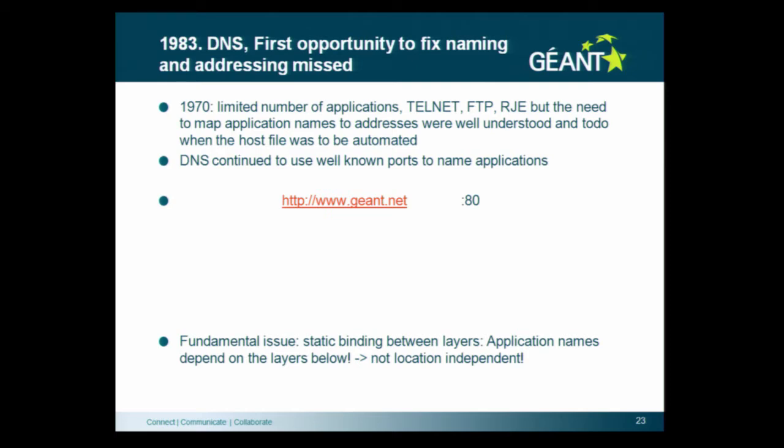So they didn't really name their application, but of course they knew that this needed to be done, that you needed to map your applications at least to an address in the layer below to do networking. However, it was also future work, and it never happened. So DNS continued to use these well-known ports to name applications.